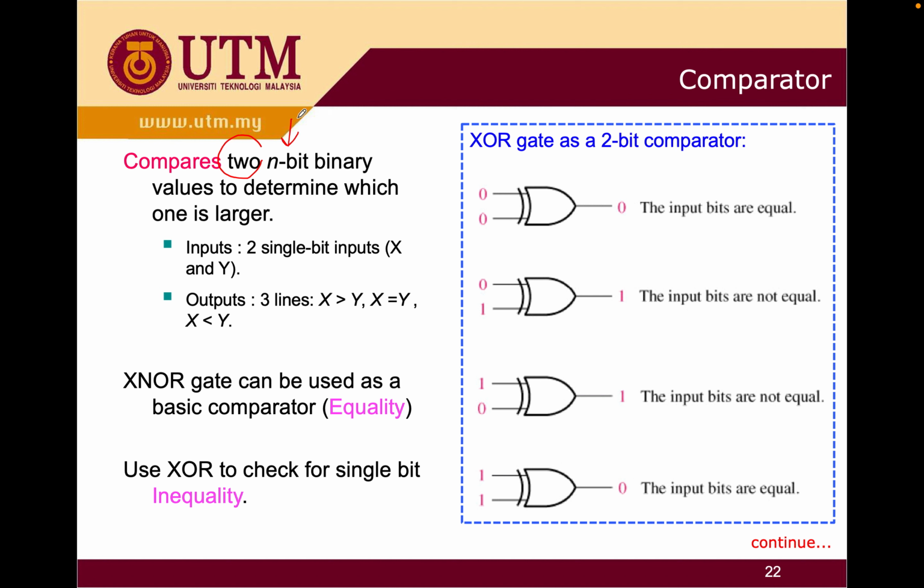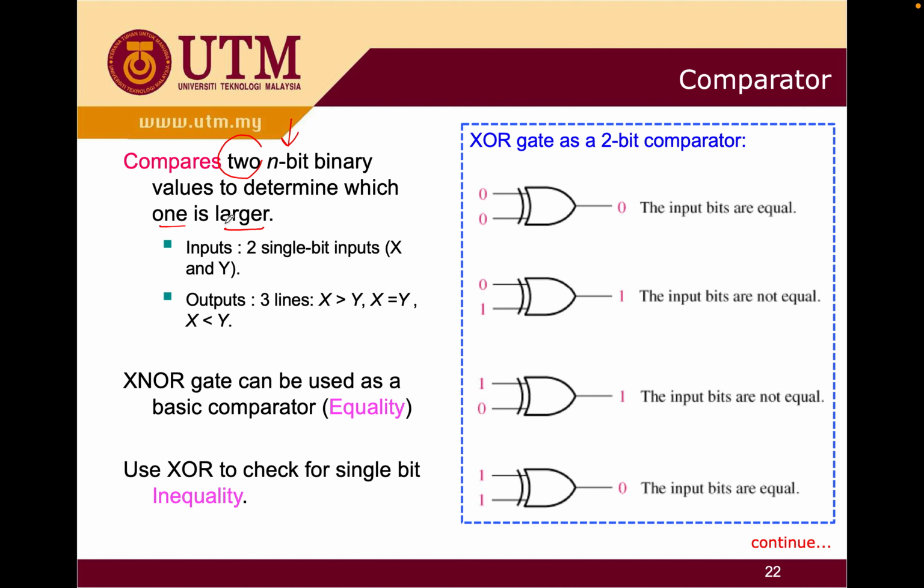Sometimes you're going to compare 2 bits, 3 bits, and so on, binary values to determine which one is larger. Like me myself, if I want to compare my phones, I'm going to compare, let's say, which one is more expensive? So that is the idea in terms of comparison.